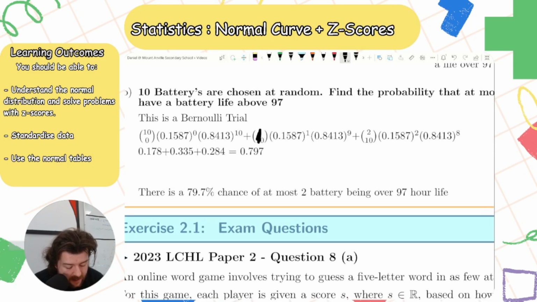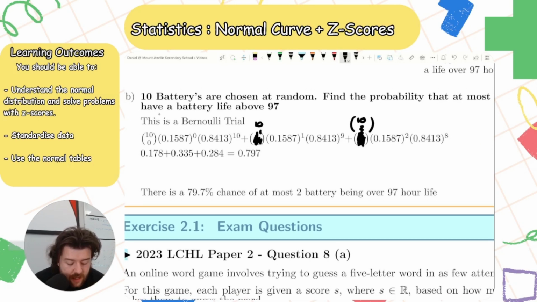That would be the probability that none have a battery life over 97 hours, that 1 has a battery life over 97 hours, and that 2 have a battery life over 97 hours.